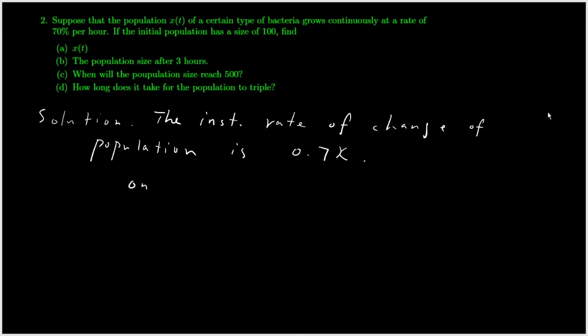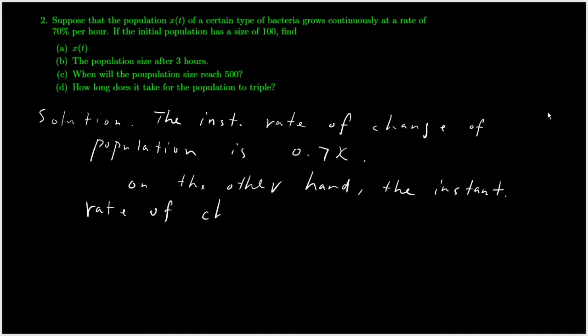On the other hand, the instantaneous rate of change is the derivative of function x with respect to t. Recall what we learned in Math 101 in Calculus 1 when we did related rates.